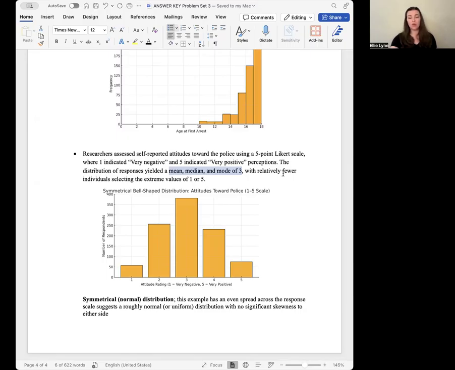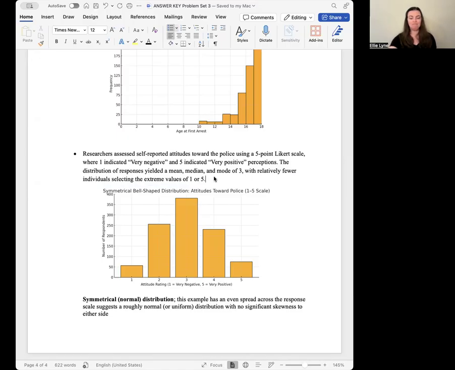Another clue here is that we have relatively fewer individuals selecting our extreme values, and so it's going to tail off from our measures of central tendency, which are all located at our 3 value. So again, this is an example of a symmetrical or normal distribution. There is no significant skewness on either side, and so again, this is what is represented in terms of our normal distribution.